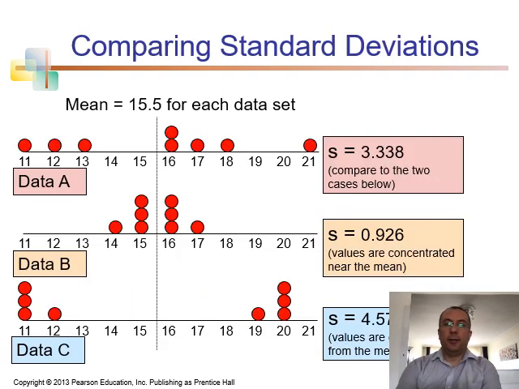So let's look at the standard deviations here. I will not do the calculations. I mean, you can do the calculations, but obviously, for example, this one, the data is in the center, so the values are concentrated near the mean. That means standard deviation is pretty low.